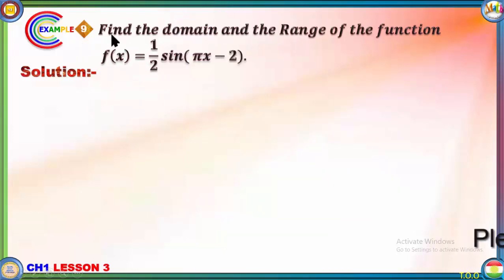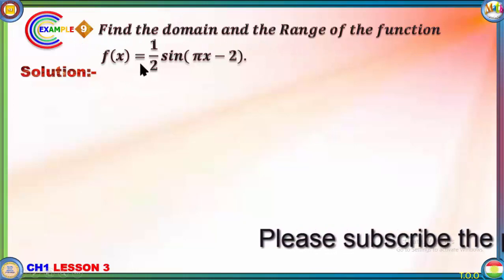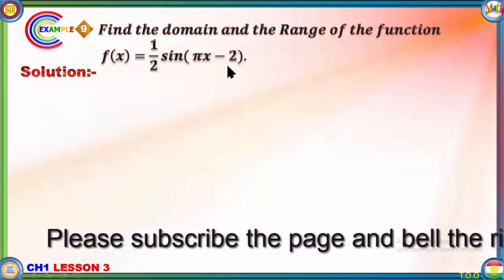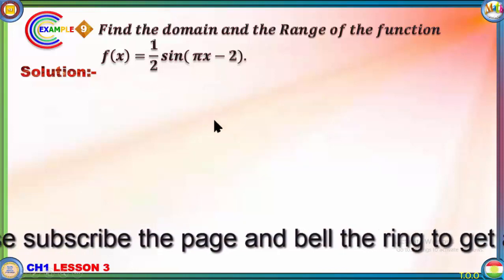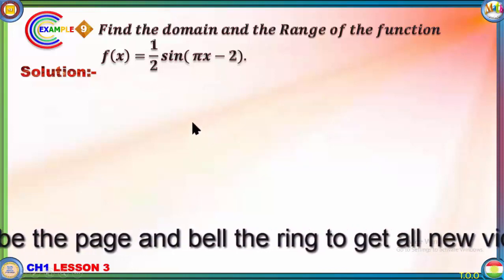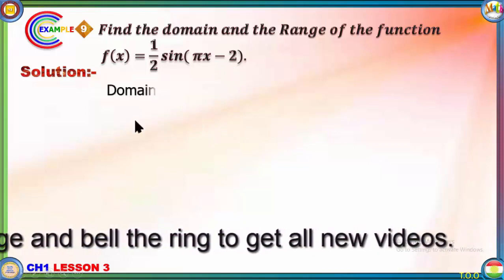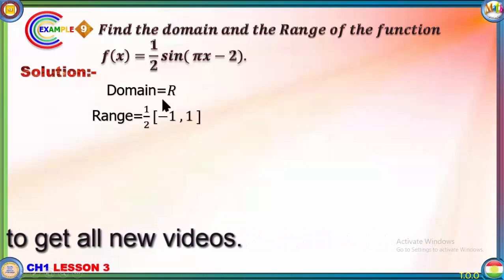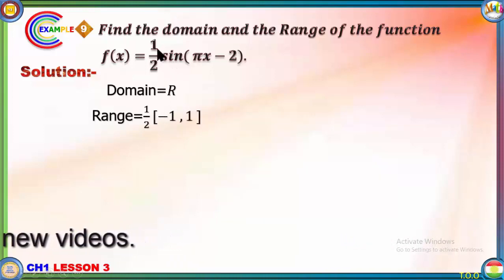Example number 9. Find the domain and the range of the function f(x) equals 1 over 2 sine pi x minus 2. Pi x minus 2 is a polynomial function, therefore the domain is all real numbers. And for the range, because we have multiplied sine by 1 over 2, we multiply the interval -1, 1 by 1 over 2.